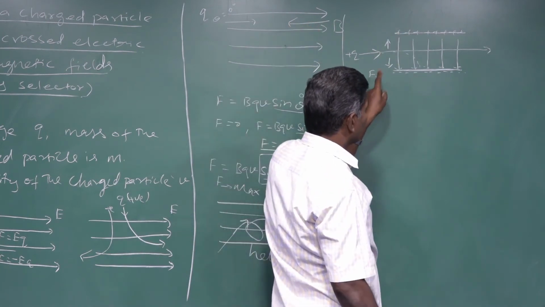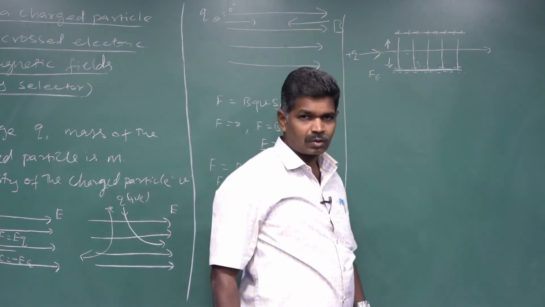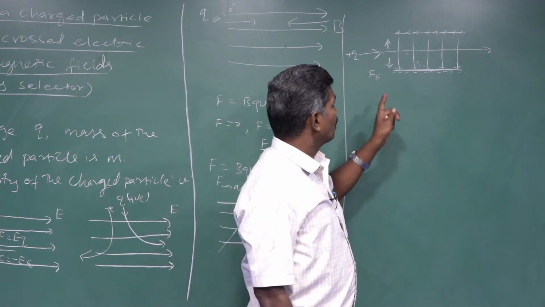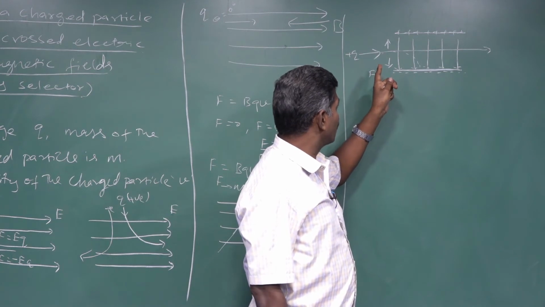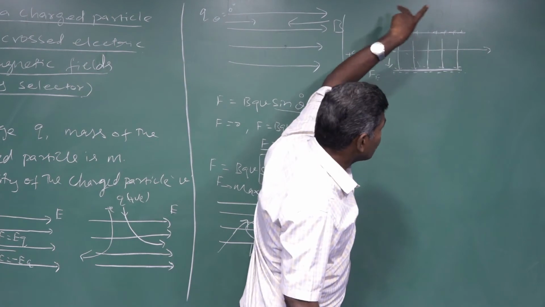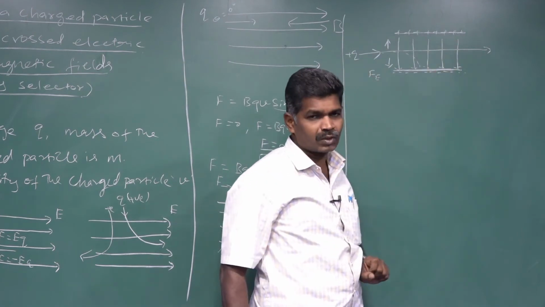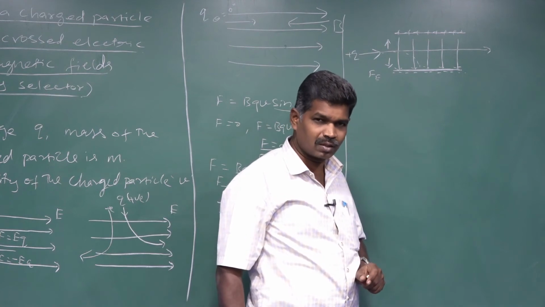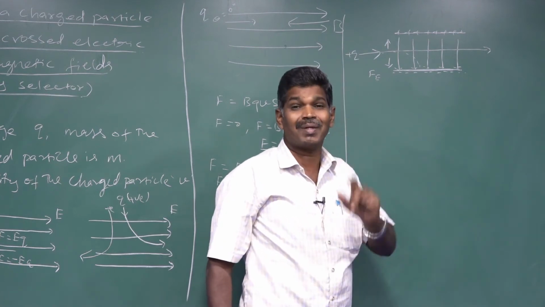So we want to produce a magnetic force in the upward direction, the same amount as the electric force. To produce a magnetic Lorentz force in the upward direction, we need a uniform magnetic field around this region. The direction is decided based on Fleming's left hand rule.